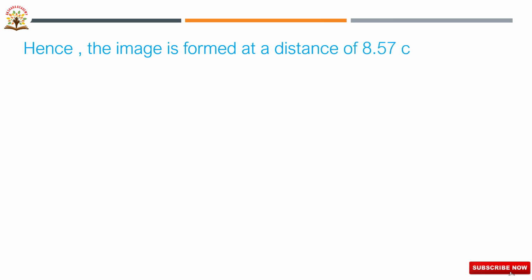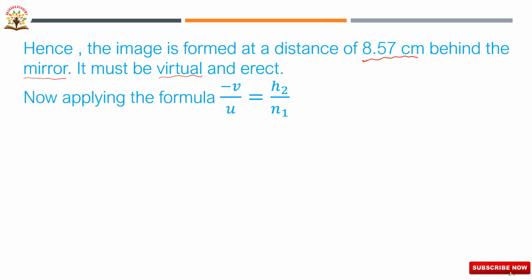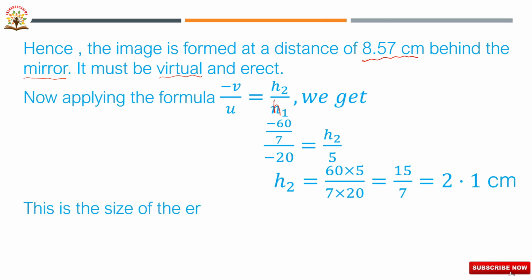Hence the image is formed at a distance of 8.57 centimeters behind the mirror. It must be virtual and erect. Now applying the formula, minus v by u is equal to h2 by h1. So we get minus 60 by 7 and u minus 20. Here minus minus will cancel, h2 by 5.